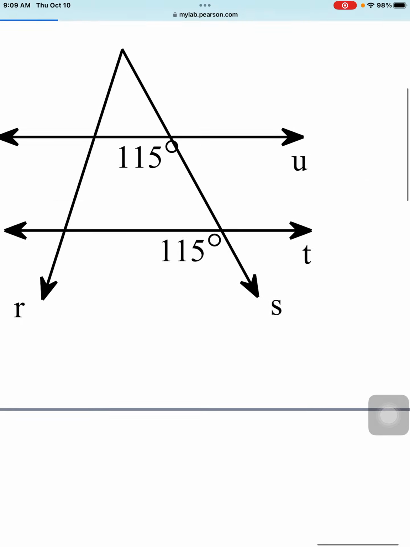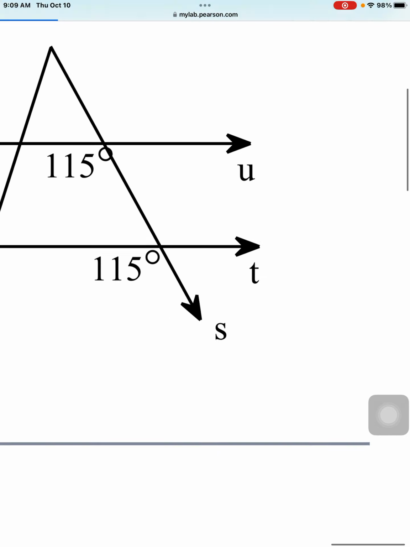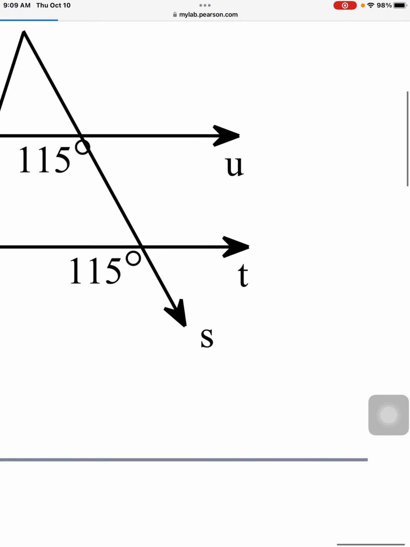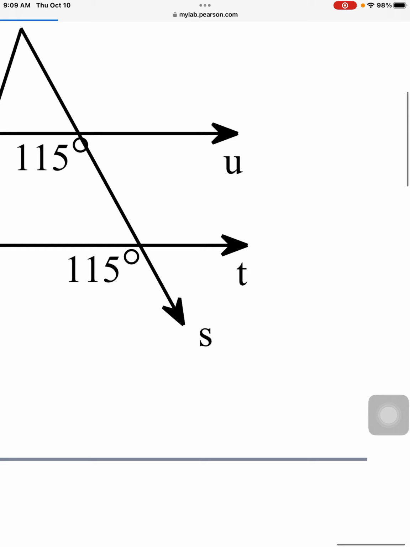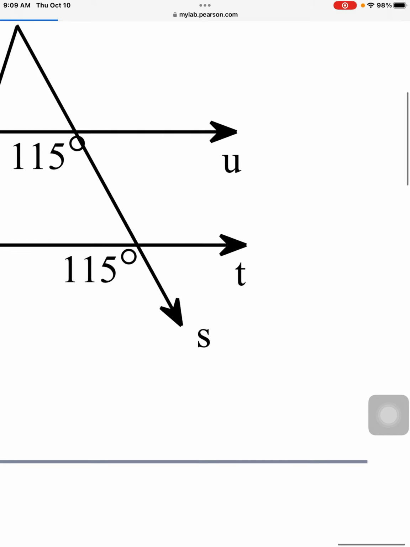Now, in what position are those? If we zoom out and forget this R, oh, right here, let's forget this R. What type of relationship do 115 and 115 have? Well, they lie on the same side of the transversal. They're non-adjacent, and one of them's in the interior, one of them's in the exterior. So what relationship are those angles? They're corresponding angles.